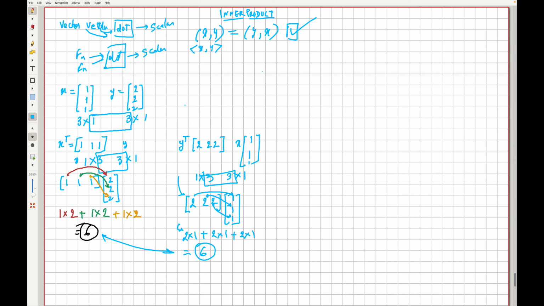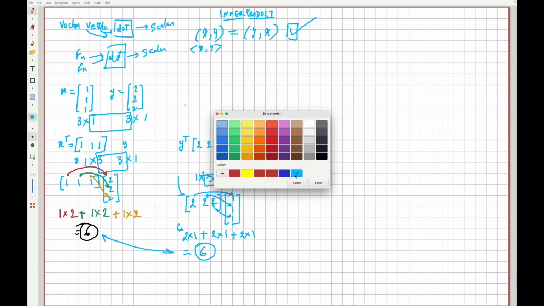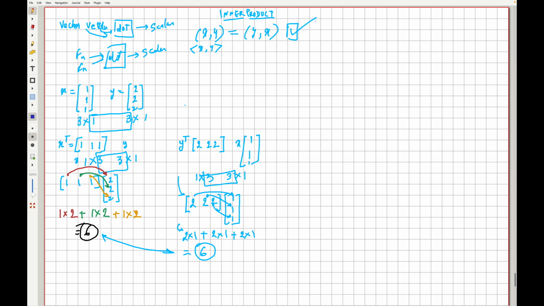And the next rule that inner products or dot products need to satisfy is that a x1 plus b x2 dotted with y is the same thing as a, which is a scalar value, multiplied with the dot product of x1 and y, plus b, again a scalar value, multiplied to the dot product of x2 and y.